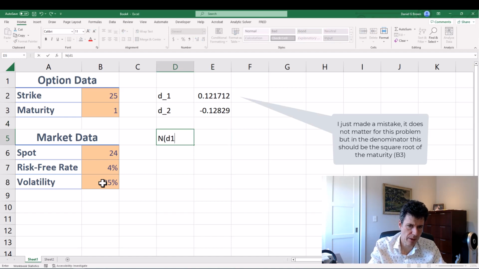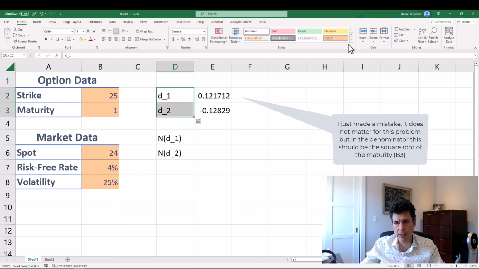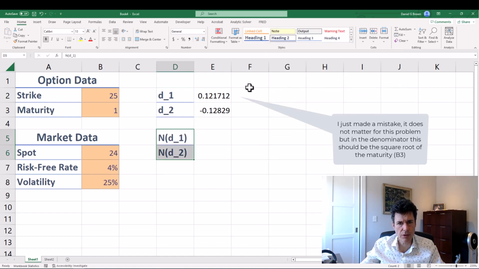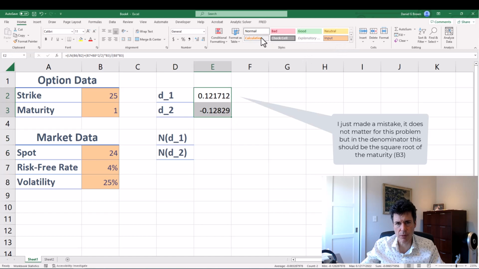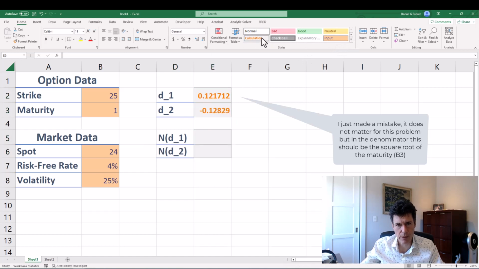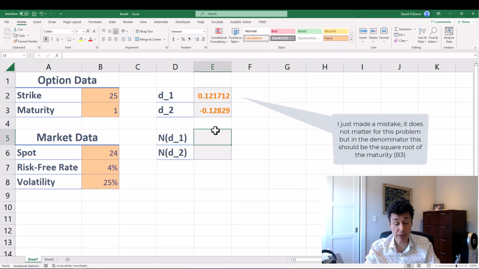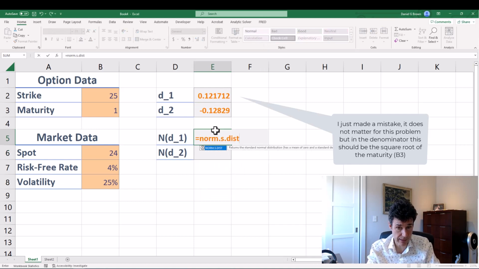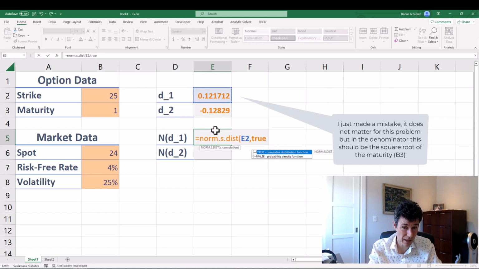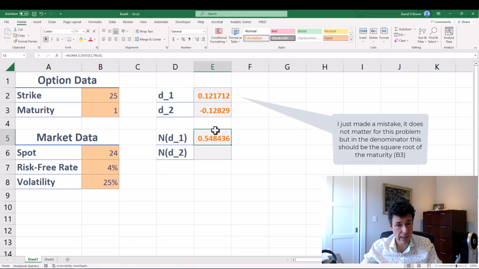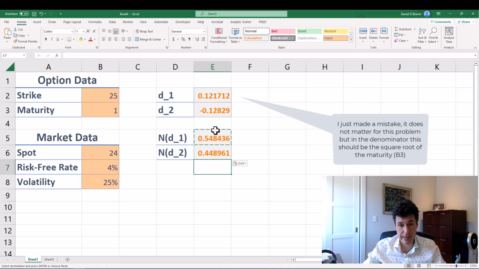So we want the cumulative normal function. Let's format these nicely. Heading 2, these are calculations because we don't care what they are other than they're right. So N of D1 is NORM.S.DIST of D1, comma, TRUE. And N of D2 is NORM.S.DIST of D2.